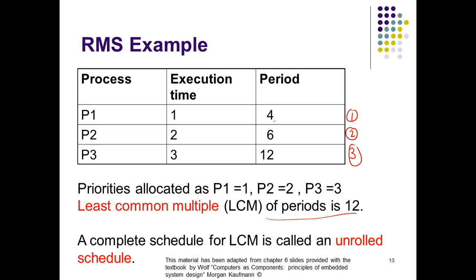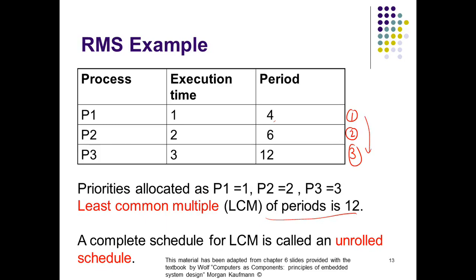You can imagine that if we work out the least common multiple, then if we schedule over a longer time, it's just going to repeat the process, right? So we only need to analyze the schedule over the least common multiple. From then on, it's just going to be a repeat of the same schedule with idle cycles to fill up if necessary. And that's how we get a complete or unrolled schedule.